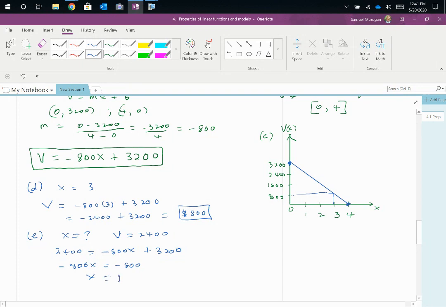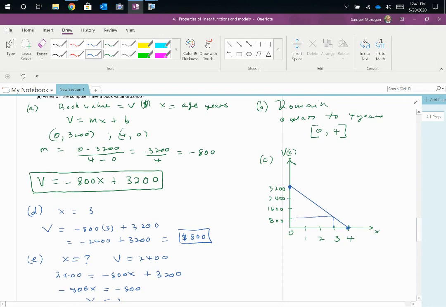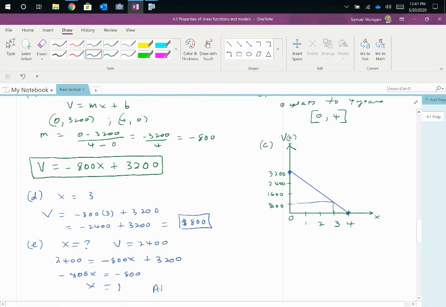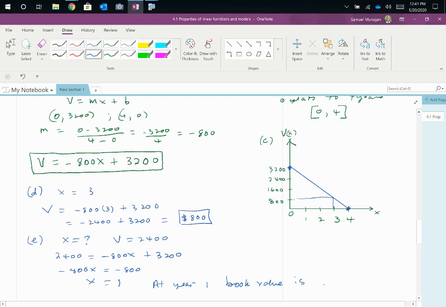What this is saying is that at year 1, book value is $2,400. And you could also get that from your graph, yeah? At year 1, the book value is $2,400.